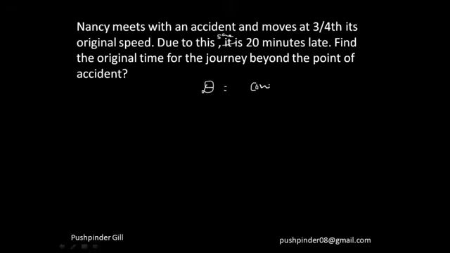This is what we have to find first. So distance is constant here. Let's suppose she's traveling at speed s and she takes time t to cover that distance. Now she moves at 3/4 of her original speed. That means the time will get multiplied by 4/3, and the difference between these times is already given to you as 20 minutes.